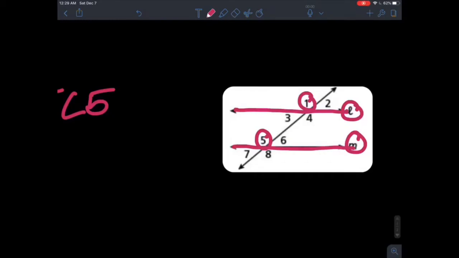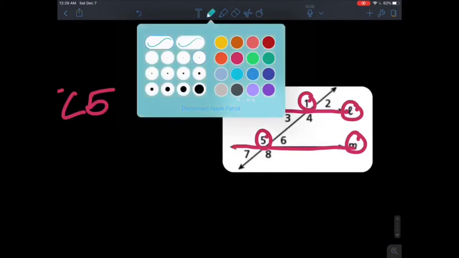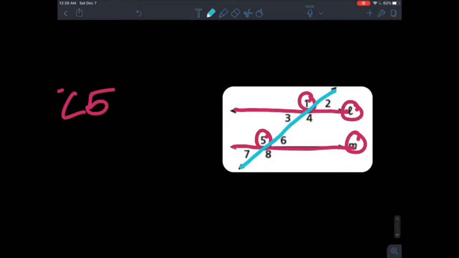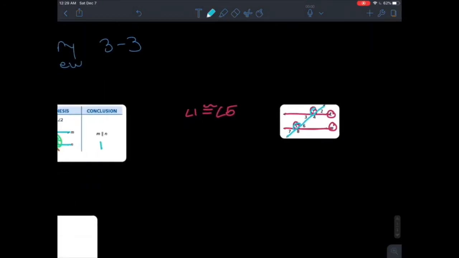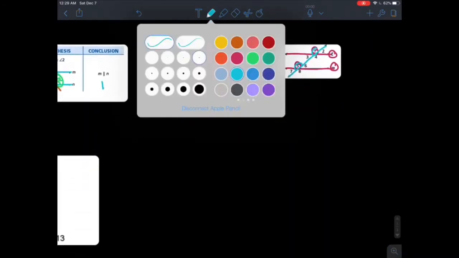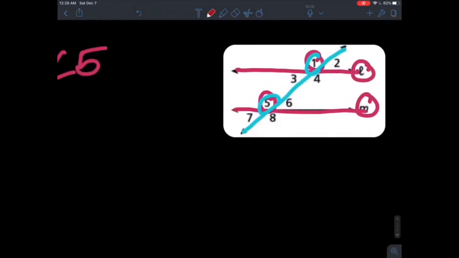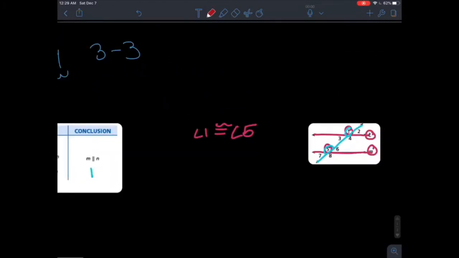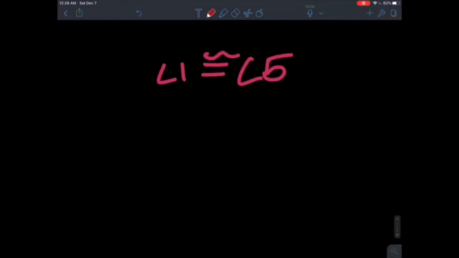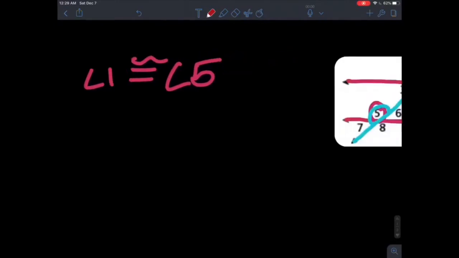These are our two lines, and then we have our transversal that cuts between them and creates both corresponding angles, which proves, since these corresponding angles are congruent to each other, that the two lines are parallel to each other.